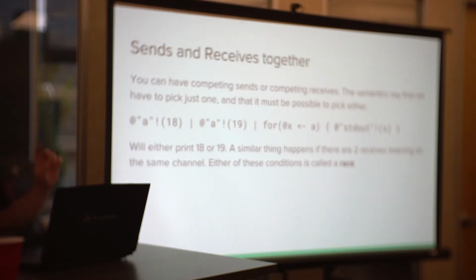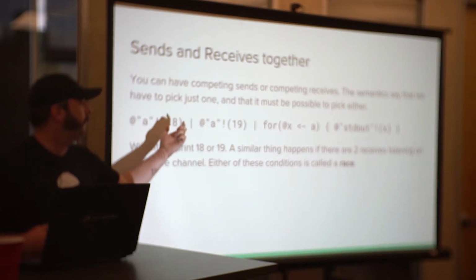There's a couple things that we need to talk about when you have sends and receives together. One of them is you can have competing sends and receives. And maybe we should talk about this pipe here, and I realized I didn't do that. This pipe means these things are running in parallel.